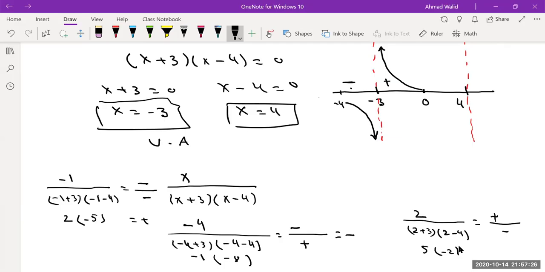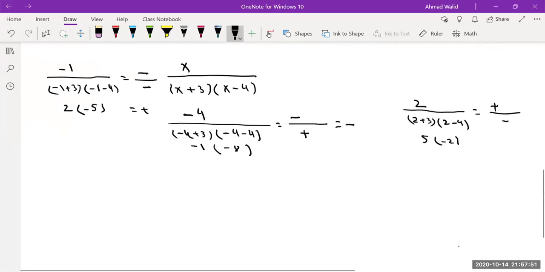Positive over negative gives you negative. It means here your function likes to go to negative infinity. And same way you can do a sign analysis between 4 to infinity, right? For example, 5. If you plug in 5, you will see your function again likes to go to positive infinity.